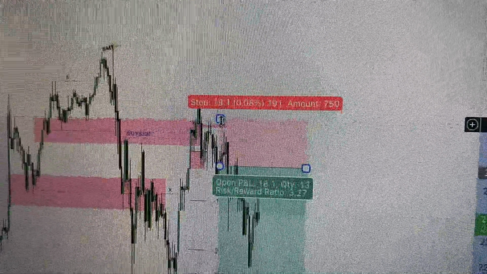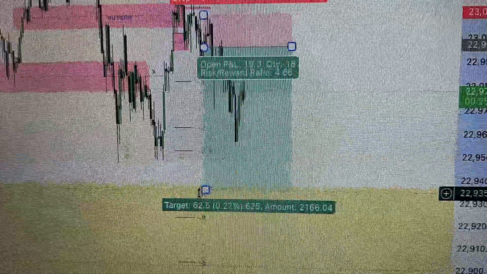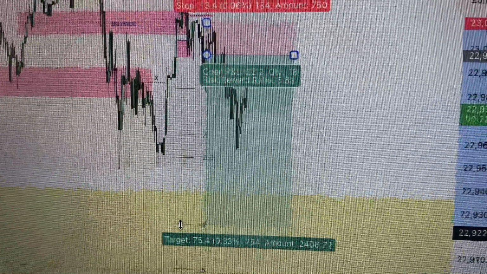Let me just put it in my journal, one minute. Alright, so this one was a break even. But when you get the deep pullback and it comes back up here, we end up securing an entry. I think it was right here, so I put my stops right at this high and target 1.5 something, down here.